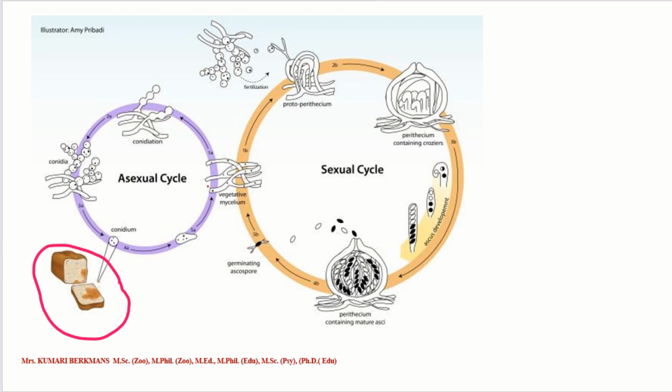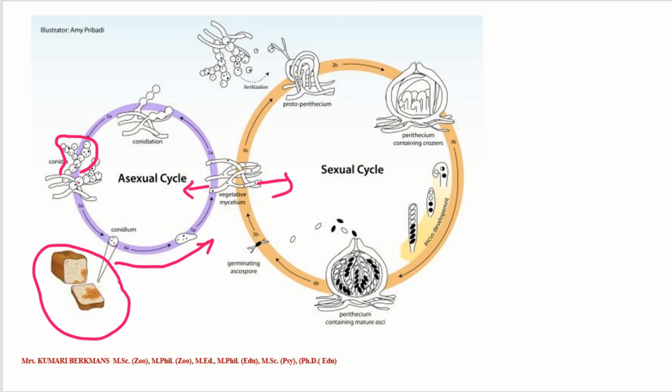This may take the asexual cycle or the sexual cycle, depending upon the favorable environment. If you take the asexual cycle, the conidium germinates and produces a vegetative mycelium. Then this vegetative mycelium, after maturation, gives the conidia. You can see here.